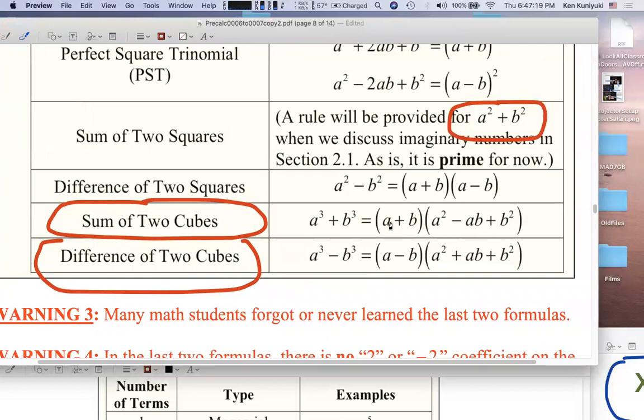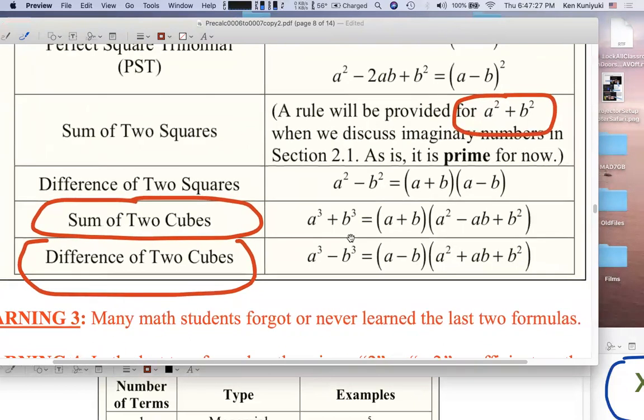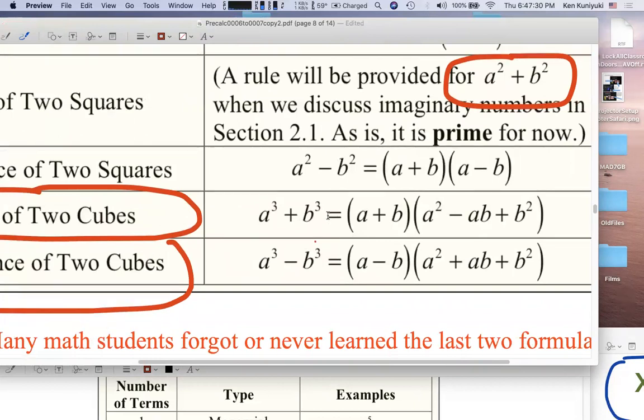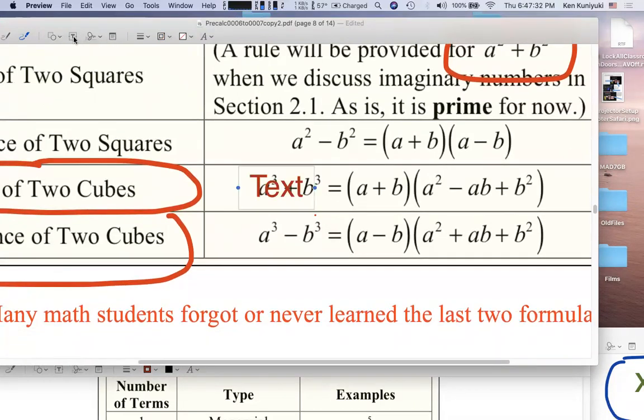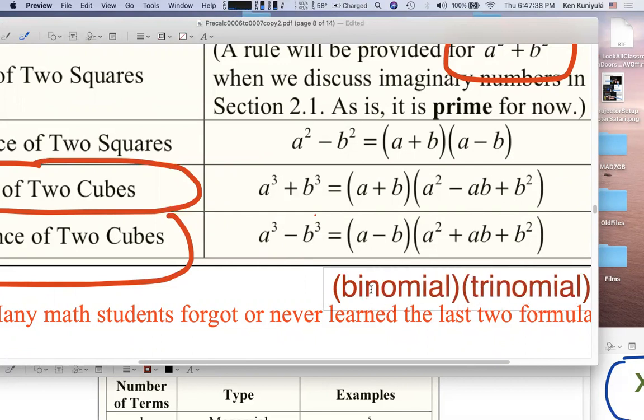If you don't believe me, distribute like crazy. Okay, simplify, and you'll get the left-hand sides. All right, but what's a way of remembering? When you factor a sum or difference of two cubes using these rules, on the right side, you're going to get a binomial factor and a trinomial factor, a two-term guy and a three-term guy, all right?